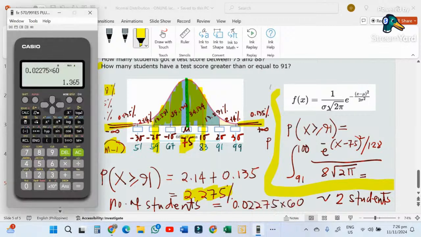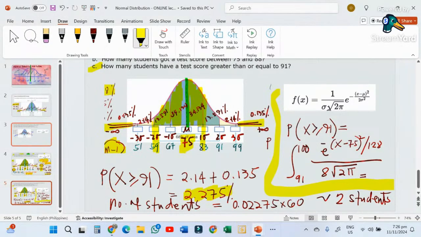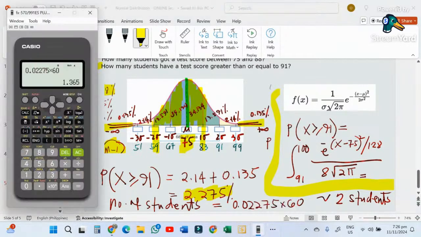So again, if you are looking at my calculator, we have to bring in our integral, and we're going to fill in our boundaries: 91 as the lower limit, and the higher boundary will be 100. So the limits are 91 to 100.